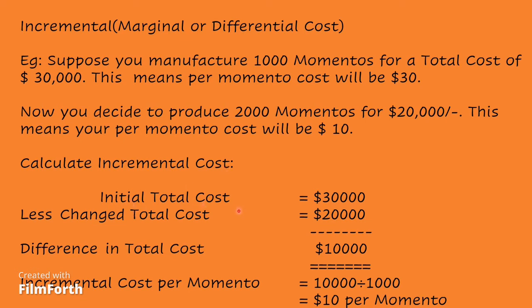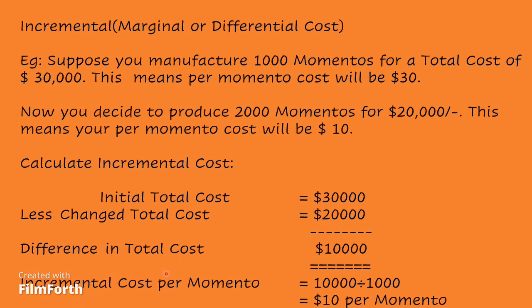Let's see, initial total cost when you were producing 1000 mementos, it was 30,000. So initial total cost is equal to 30,000, and when you decided to produce 2000 mementos, the total cost was 20,000. Now what is the difference? The difference between these two is $10,000. And this difference of $10,000 has arisen because of what? It is because of the 1000 extra units that you produced.